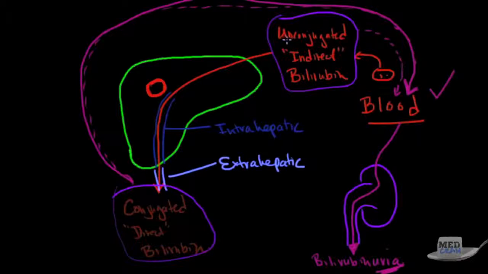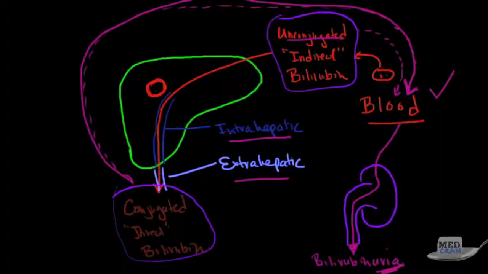You will not see unconjugated bilirubin being passed through the kidney. So if you see bilirubin in the urine, that means you must have conjugated bilirubin in the blood, and that means either an intrahepatic or extrahepatic obstruction. Okay, so with that, let's start going through this methodically.